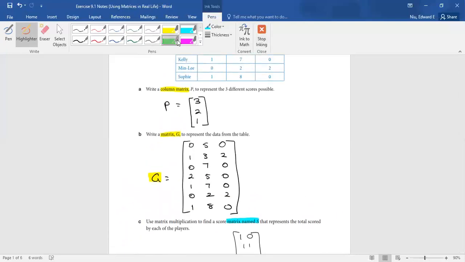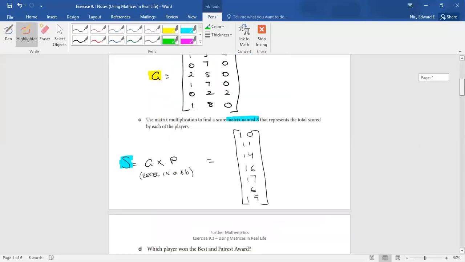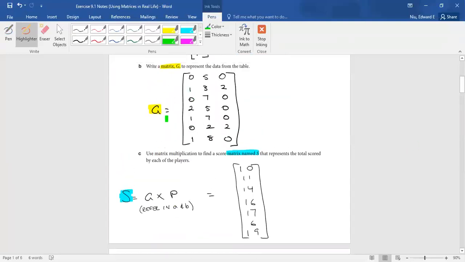So let's use different colors. Let's change that to green. Column matrix P. All right, so then we can get some color coordination. So it's the G matrix from part B.